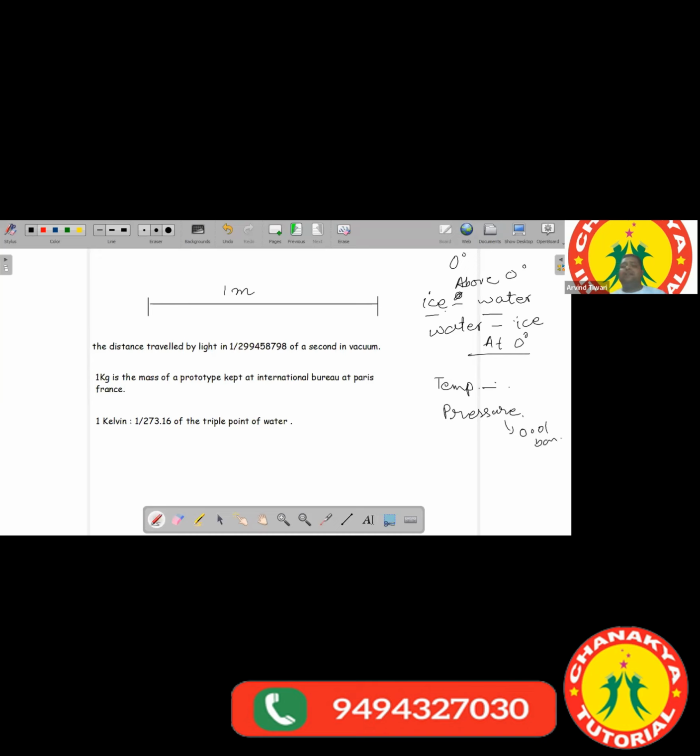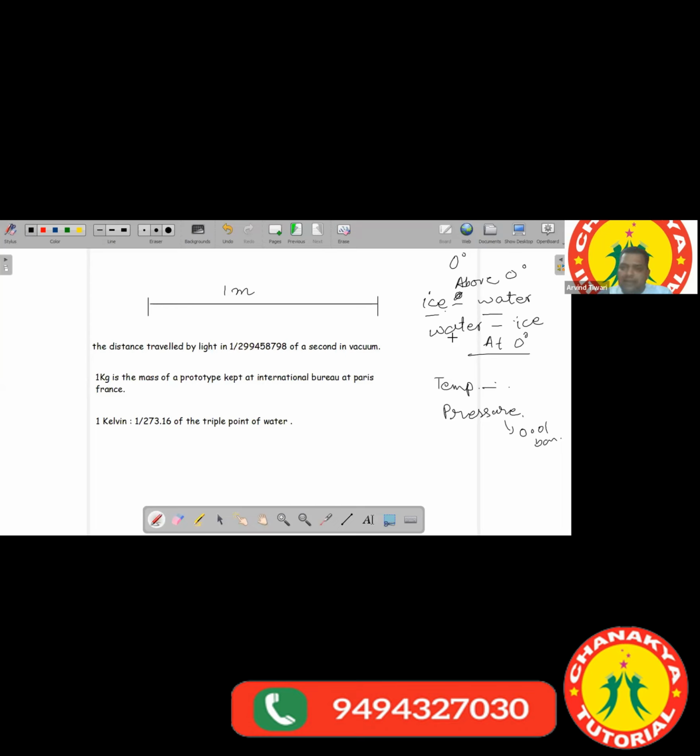So at this pressure and a particular temperature, water will exist in all the three forms. So that is a single temperature. So 1 over 273.16 of the triple point of water. Triple point means the temperature at which water will coexist in all the three forms.